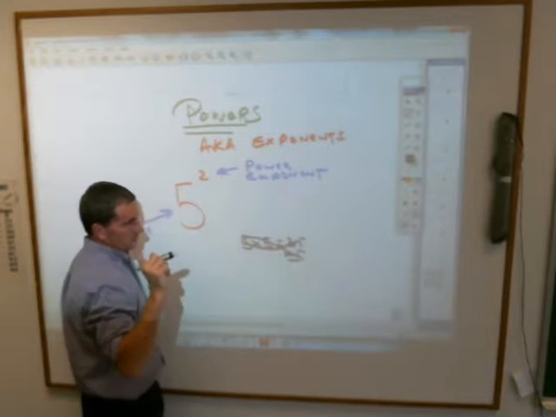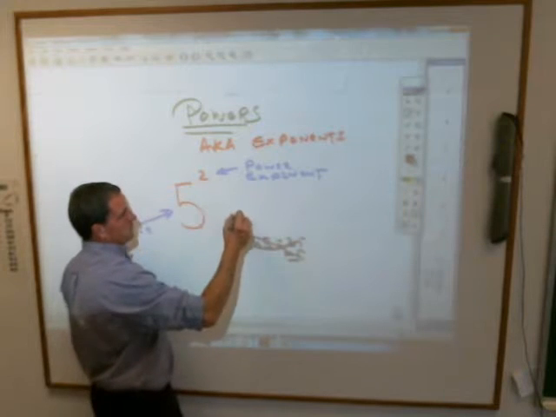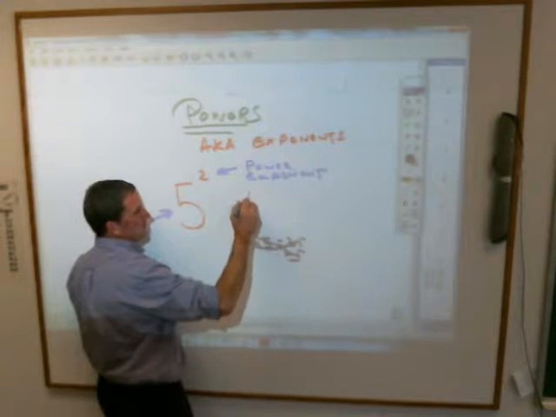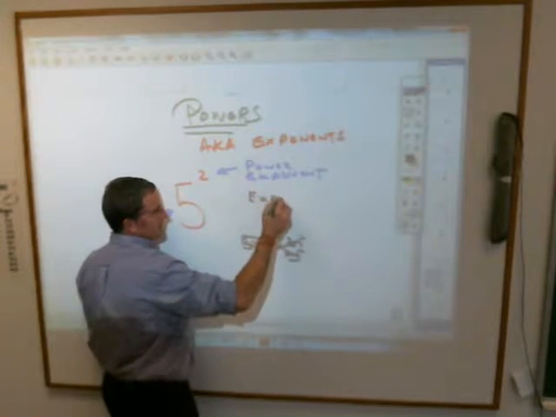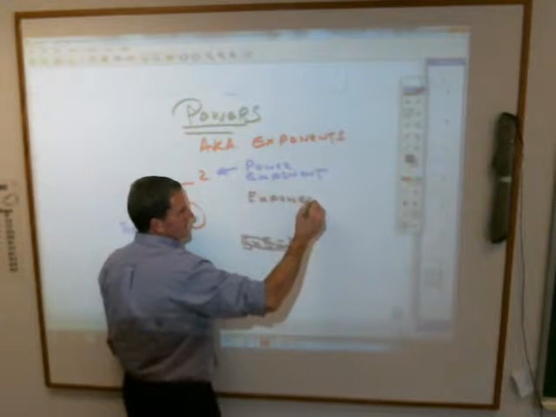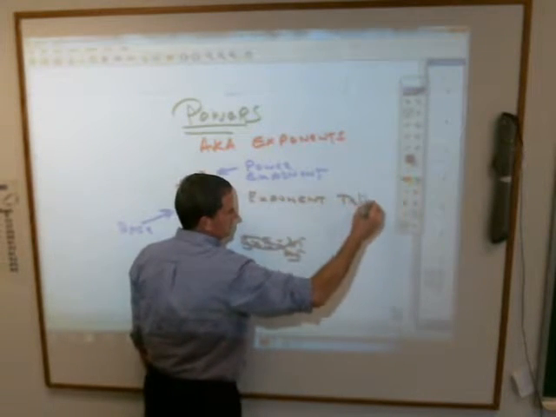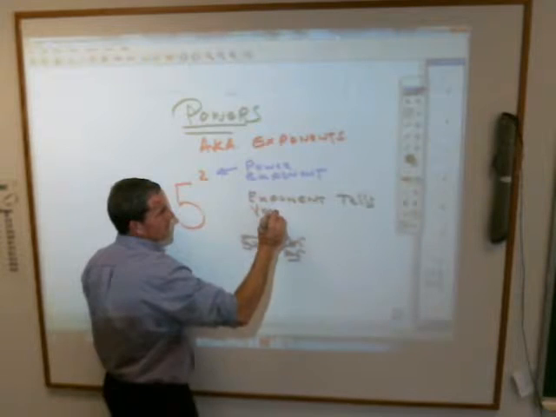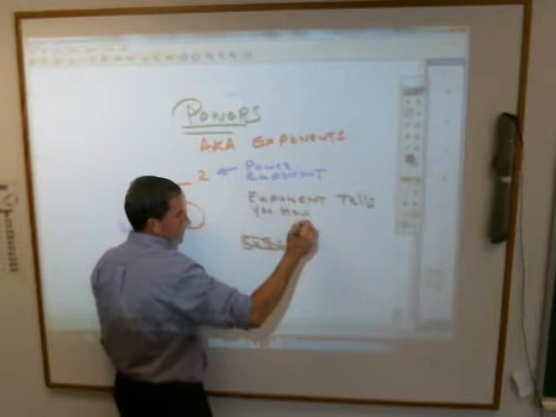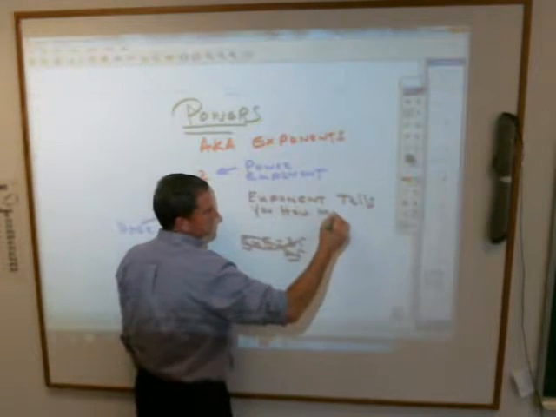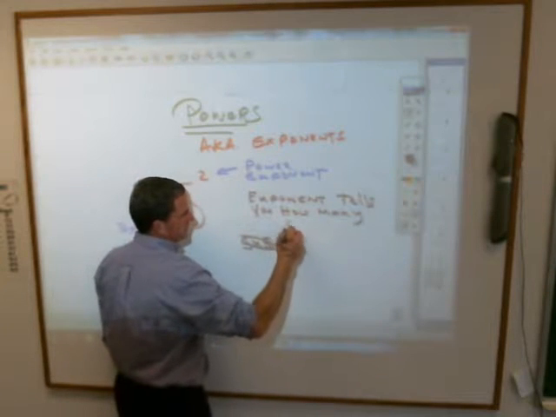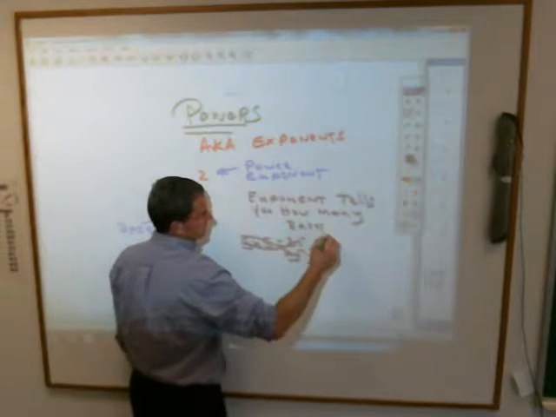So write it like this. The way you write this is, the exponent tells you how many bases to multiply together. How many bases get multiplied together.